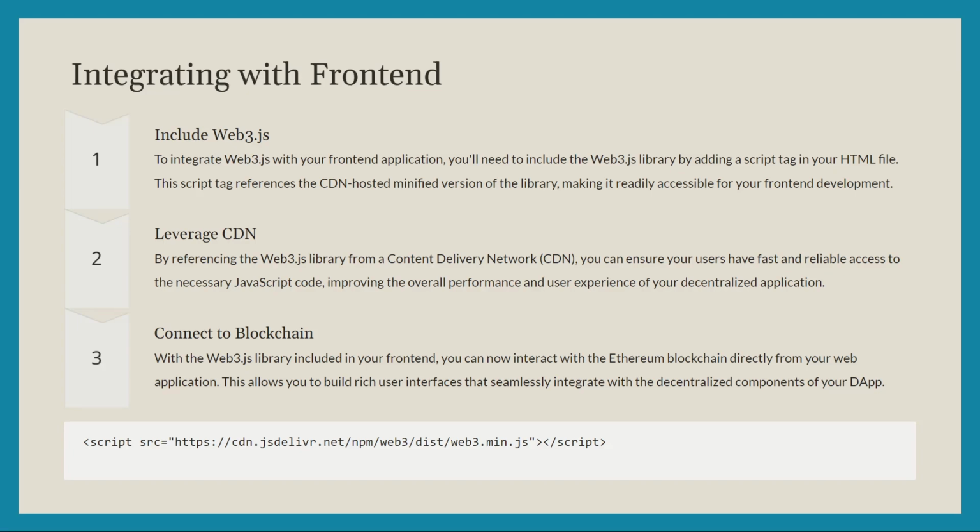CDN stands for Content Delivery Network, and it's a system of distributed servers that deliver web content and other internet-based services to users based on their geographic location. They're basically designed to improve the speed, reliability, and efficiency of content delivery by caching and serving content from servers that are closer to the user's location, right?